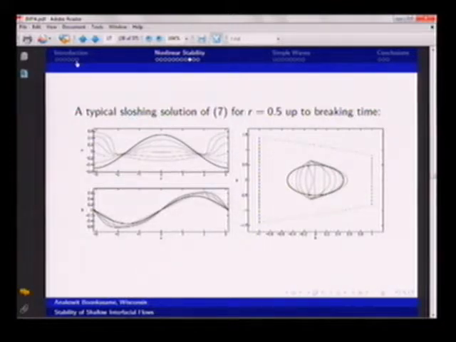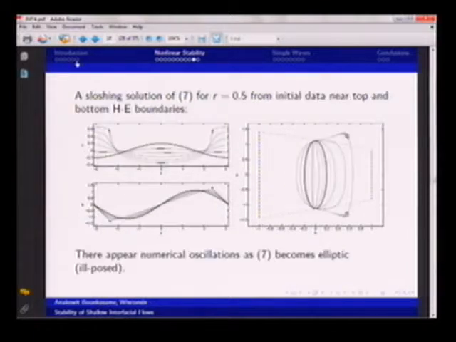Let me show you another solution. Now, I put my initial data close to the top and bottom boundaries. And what happened is that the solutions escape the hyperbolic region. And so the system 7 becomes elliptic and is ill-posed as an initial value problem.